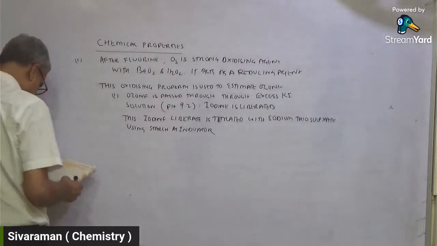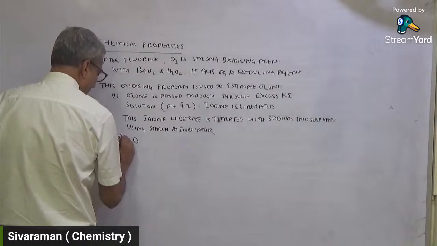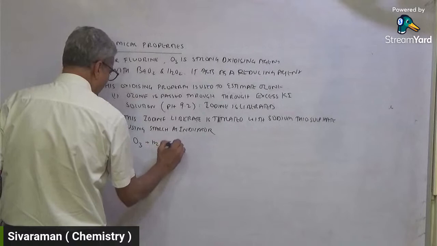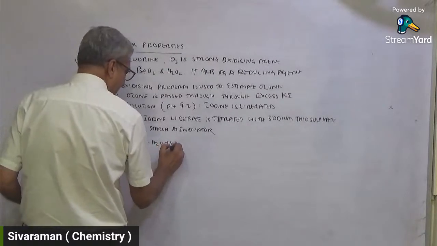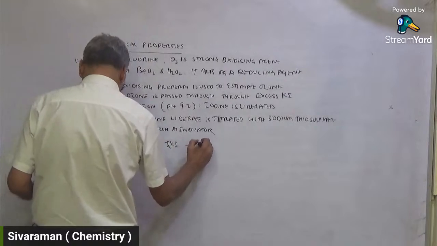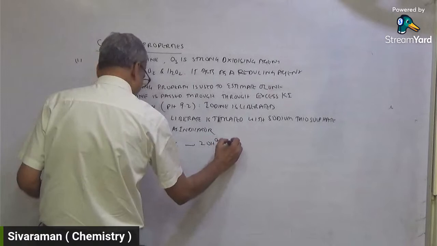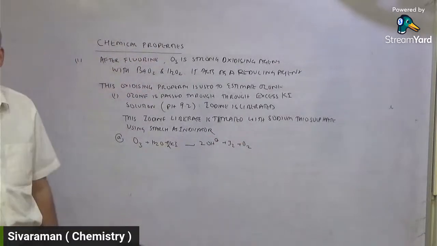Now let us write the reaction. First reaction: ozone plus H2O plus 2KI, a balanced reaction, forms 2OH minus plus I2 plus O2. So iodine will be generated.